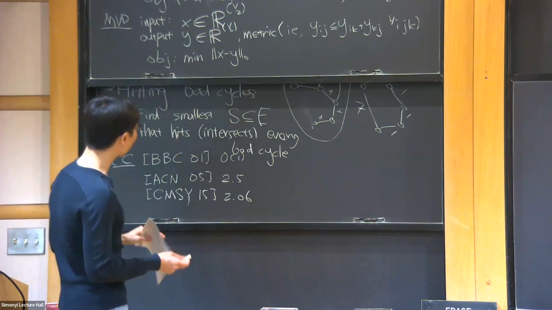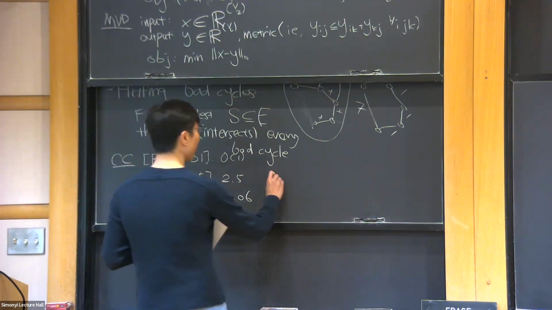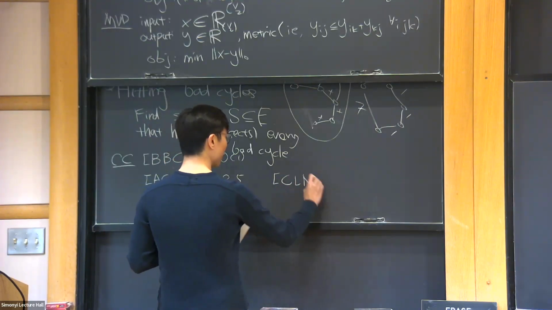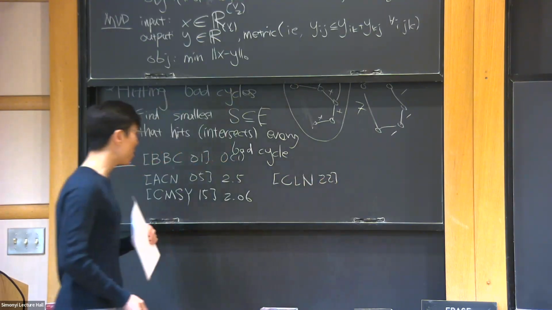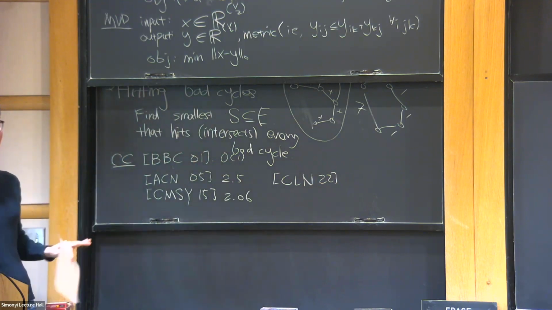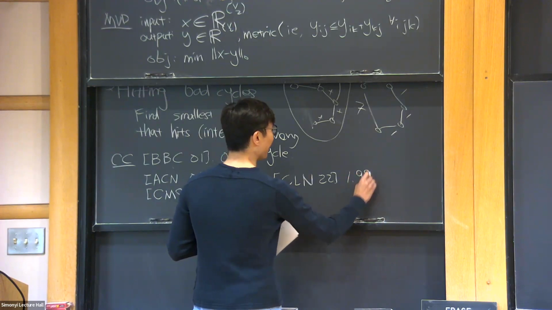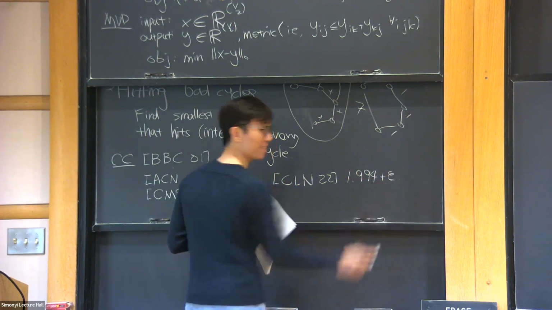Okay, so our result, which is done with Vincent Cohen-Addad and Alantha Newman. We slightly improve this constant 2.06 to 1.994 plus epsilon.